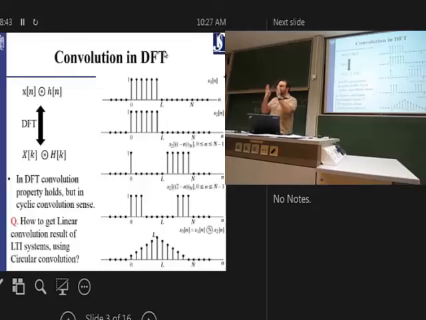For example, when we do the convolution in the DFT, in a computer, for example using MATLAB, the convolution is actually done in circular form. So it's a form of periodic convolution. It's quite different from the regular linear convolution that we normally know from continuous time.